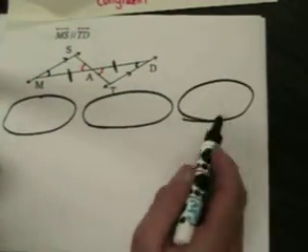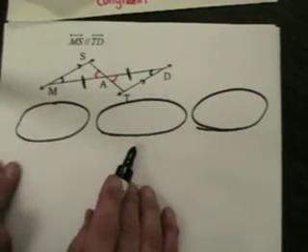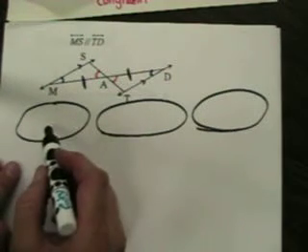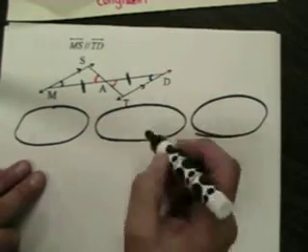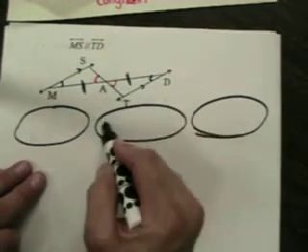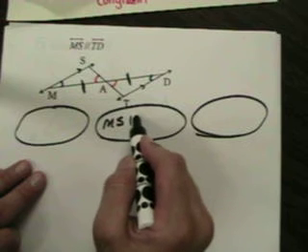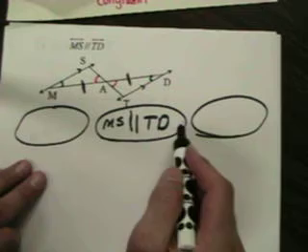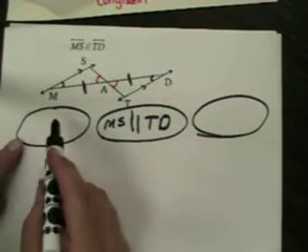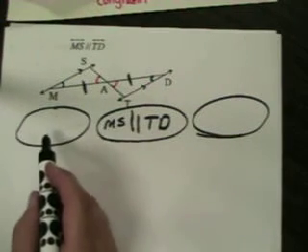And remember, Mr. Freeman's a little more picky sometimes, so I want you to give me your reasons just outside. In this middle one, I'm going to put my given up here that MS is parallel to TD. That's going to come in handy in a minute. And then I'm going to put what else they gave me.